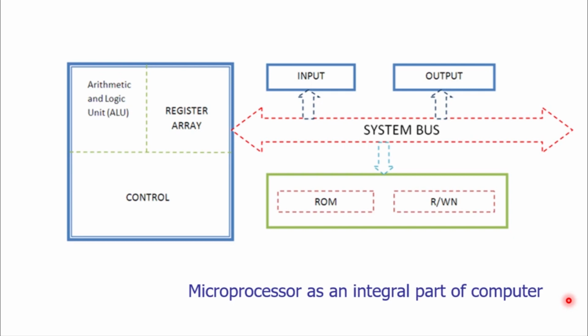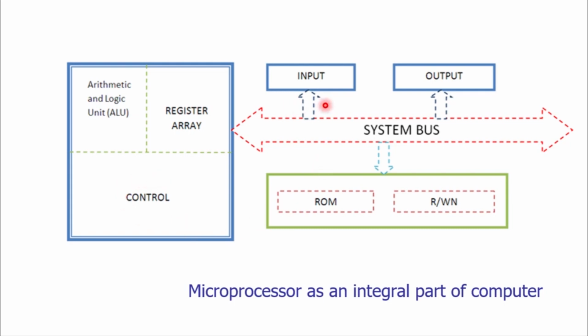A typical architecture of the microprocessor can be seen on your screen. As I mentioned, it has the processor. The processor has three parts: first is the arithmetic and logic unit, register arrays, and the control unit.